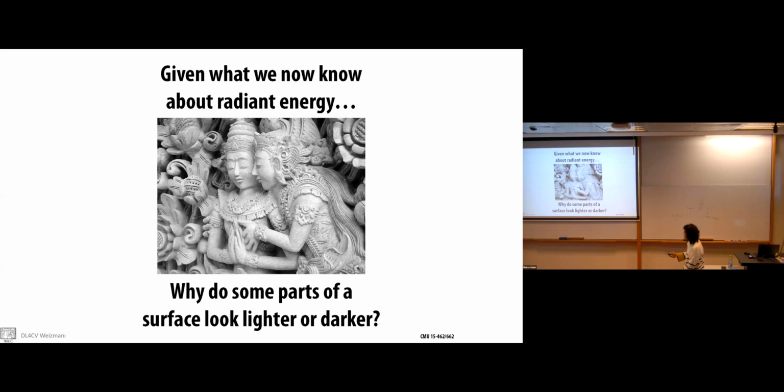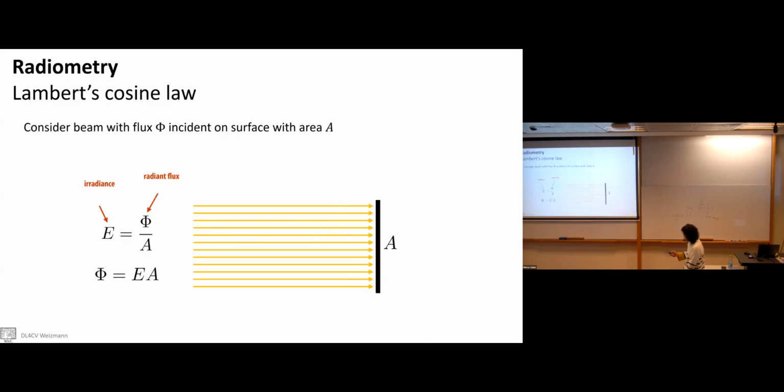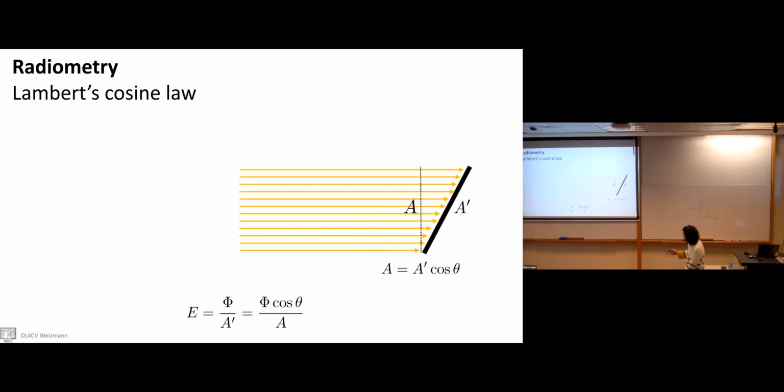So let me try to explain to you. Consider flux P incident on the surface area. So what is the irradiance? P divided by A. Exactly what we just saw. Okay. Now, imagine that I'm taking the same flux P, but now it flows to a tilted area, not A, but A prime, like this.